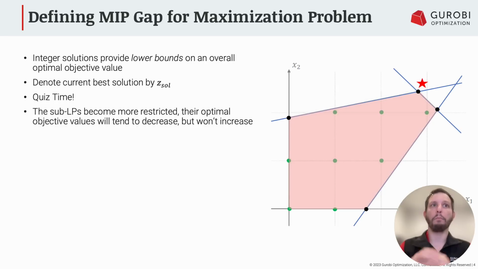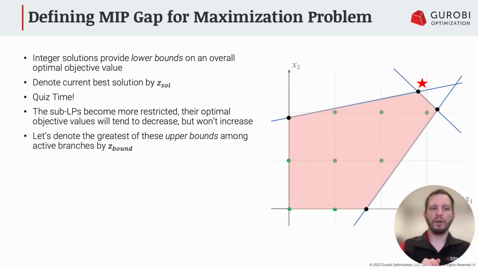The sub LPs become more restrictive because you keep adding more and more constraints, so you're getting less and less options. It's the same idea we were just talking about. Because of that, the objective values will tend to decrease. They definitely won't increase though.